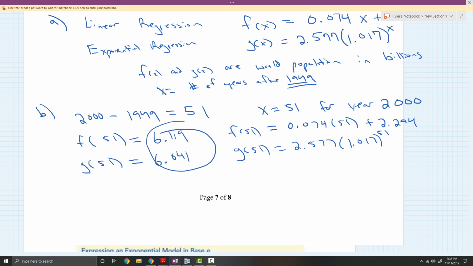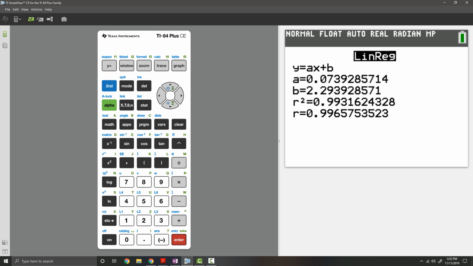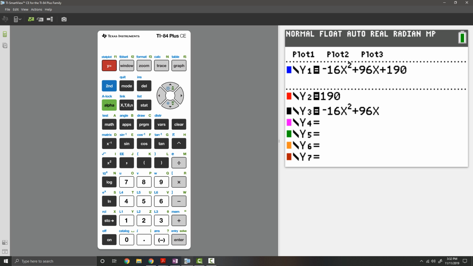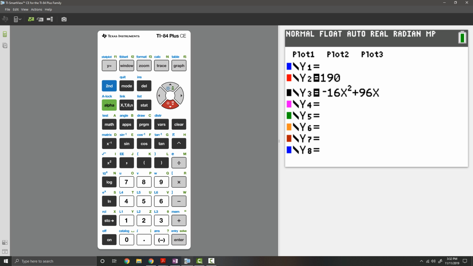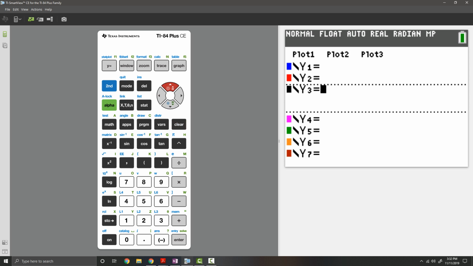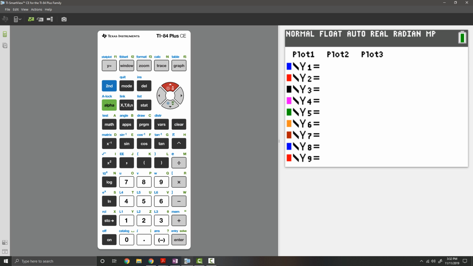So what I'm going to do is plug these into my calculator. Let me clear all of this. What I want to graph is a scatter plot. So I'm going to hit plot 1, turn that on.